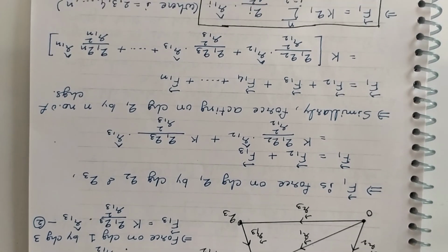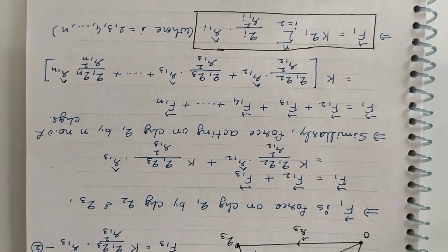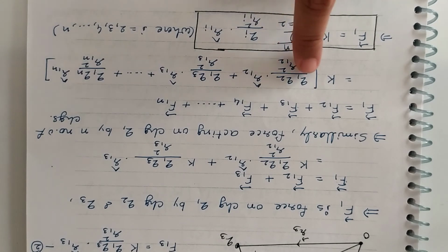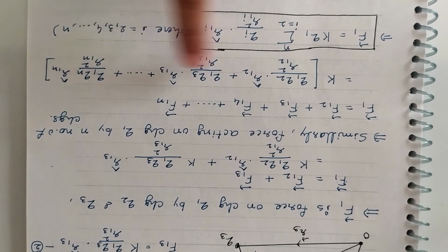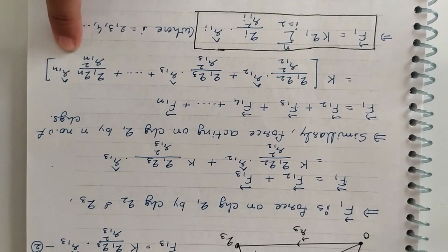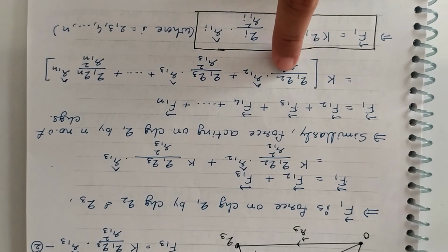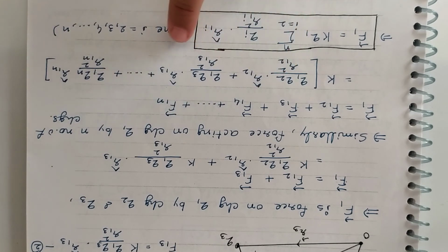So in generalized form, in the form of summation, what can we write? F1 is equal to K. We can take Q1 also common from the equation. You can see Q1 remains the same because the force is on Q1. So Q1 is out of the bracket. What is varying basically? i is equal to 2, because the force is from charge Q2 onwards.